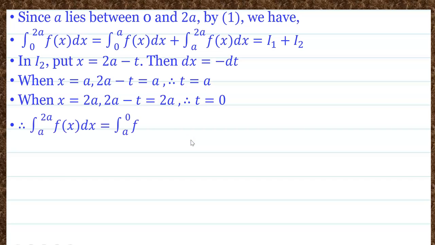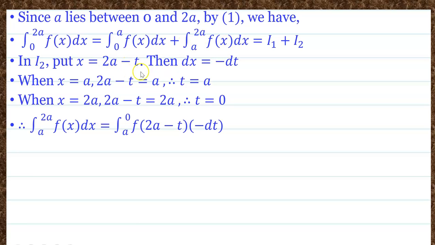Okay. Therefore, here you will get the integration I2. What is I2? Integral a to 2a f of x dx is equal to, lower limit we got a, upper limit we got 0.